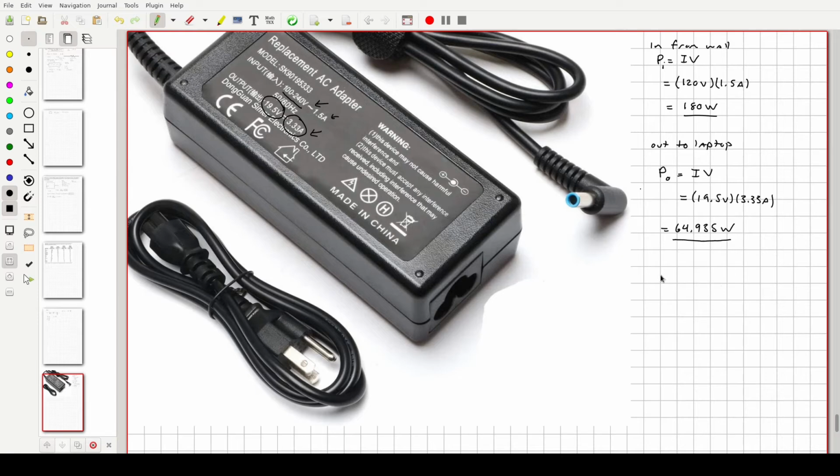If you were to look at how efficient this is, the efficiency would be the power out divided by the power in.